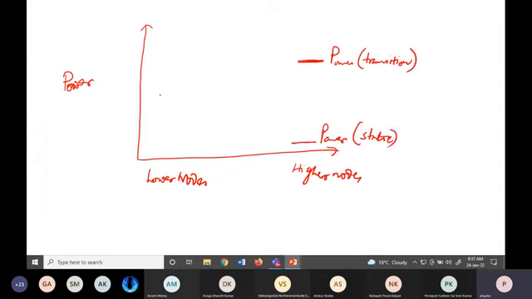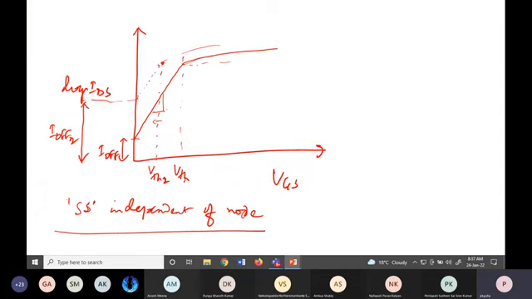Now in the lower nodes, this static power is increasing, as we just discussed, because of this subthreshold slope, the Ioff is much larger in the lower nodes.